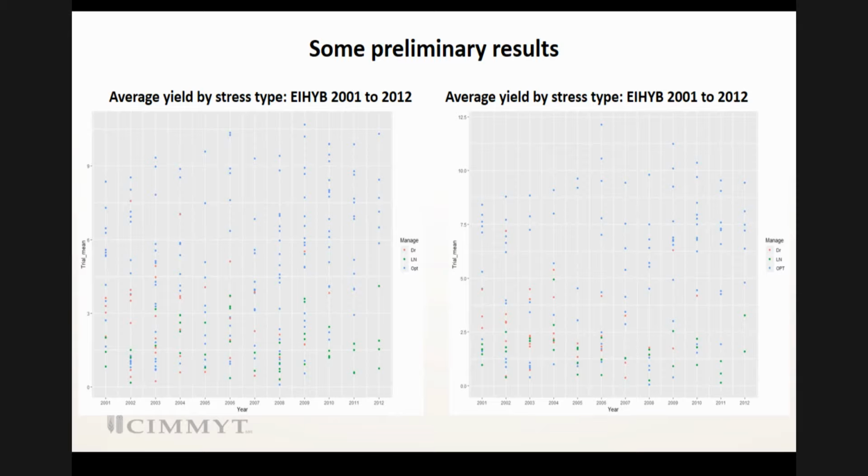Some preliminary results from the analysis. If we look at the average yield by stress types, we had about 3 major stress types: optimal, low nitrogen, and drought for these groups of hybrids. So we have optimal in blue, drought in red, and then low nitrogen in green.